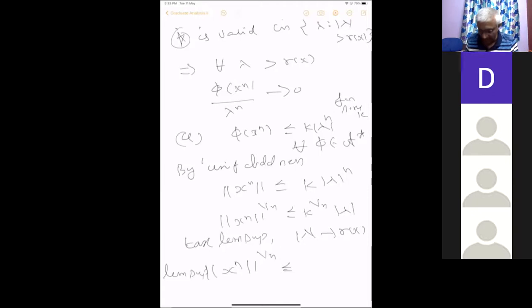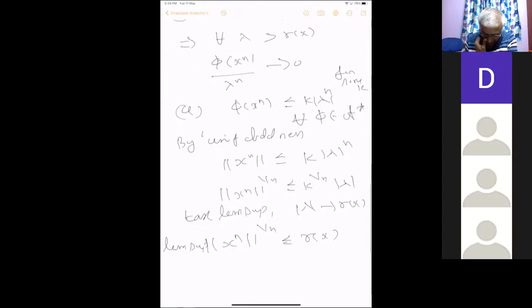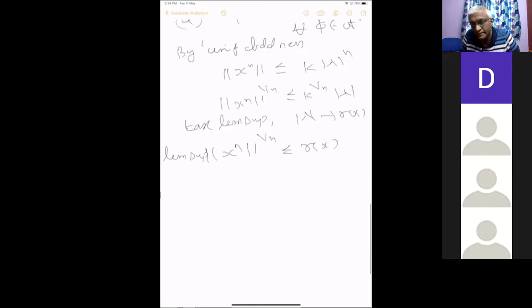This is true for all lambda greater than the spectral radius Rx.